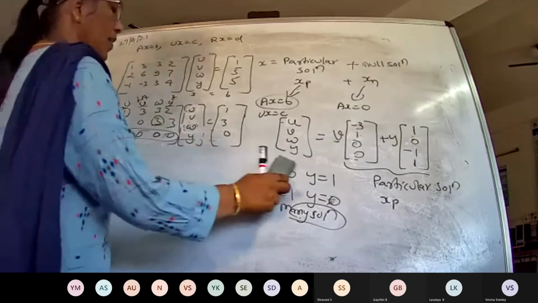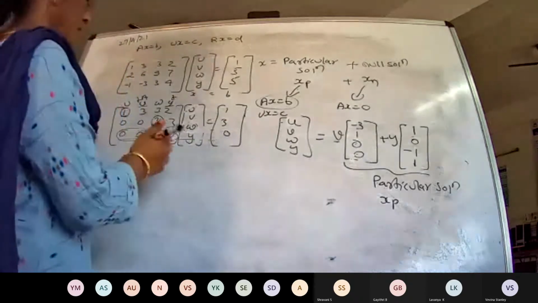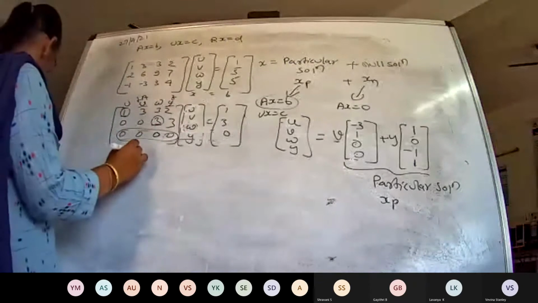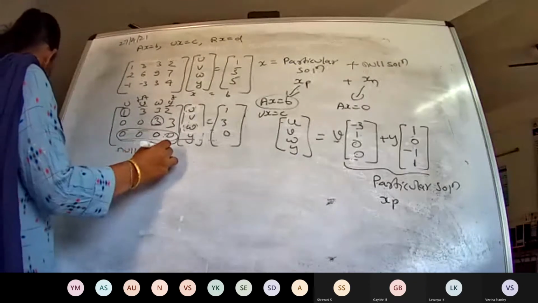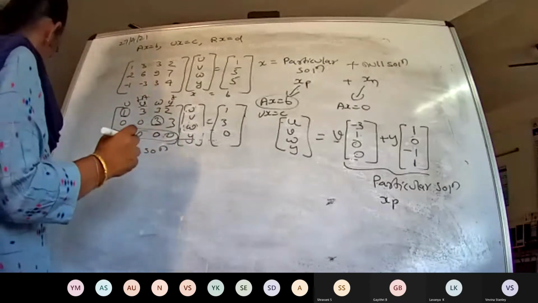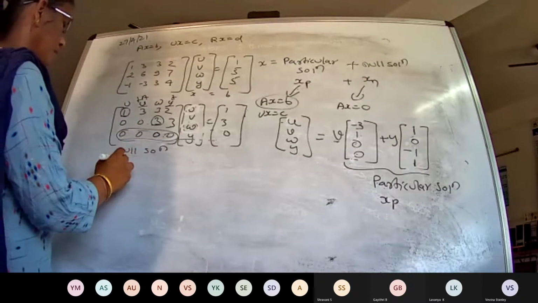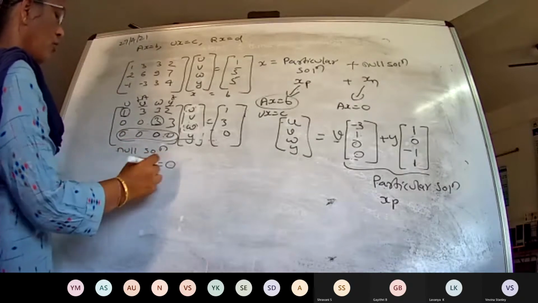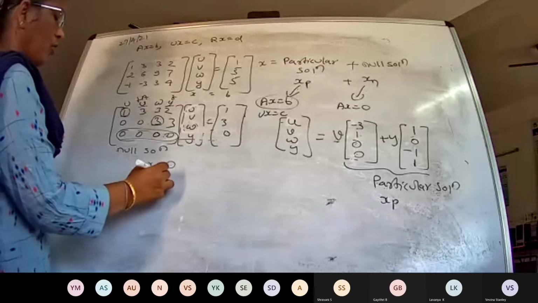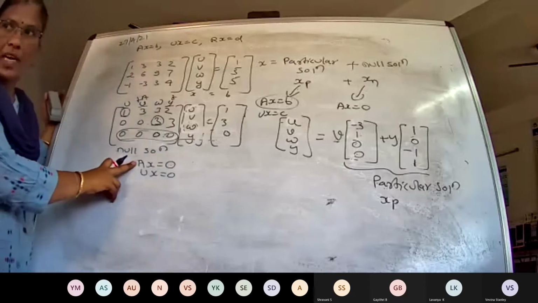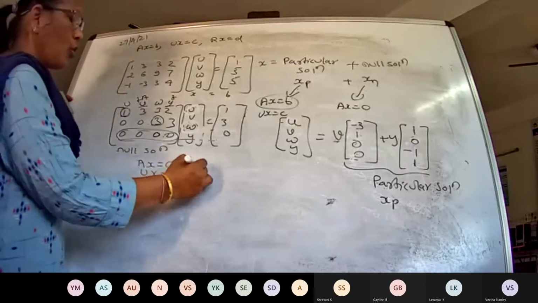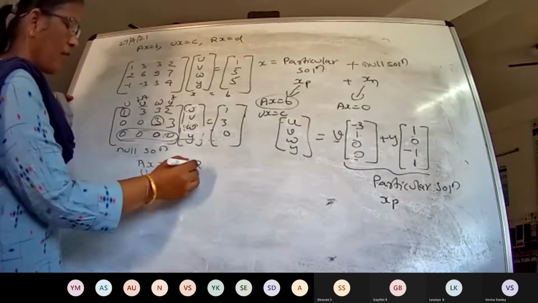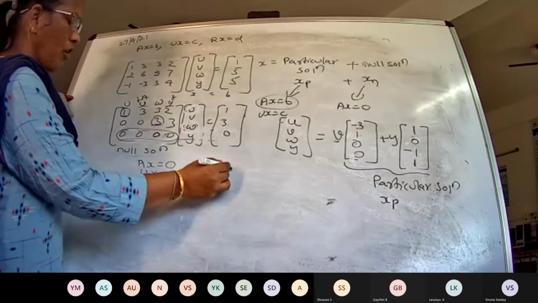So that was about the particular solution. Now about the null solution. How will we be solving? Ax equals 0, so it is either Ux equals 0 only. If I am reducing the matrix A to U or U to R, what will I always have? I will have this equal to 0 itself.